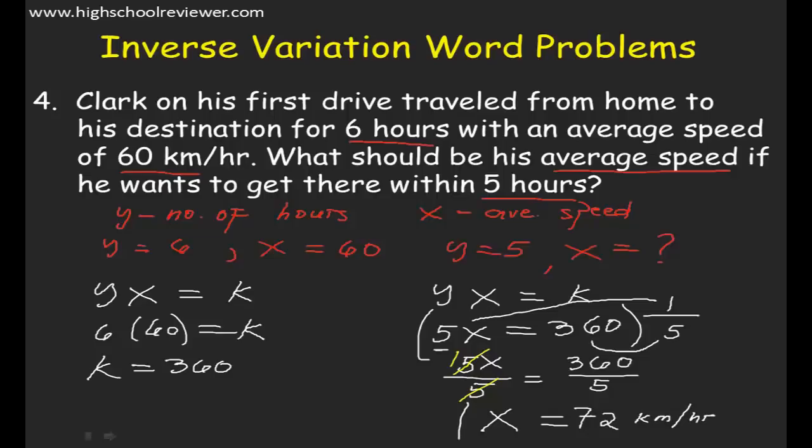So Clark must travel at an average speed of 72 kilometers per hour to reach his destination within 5 hours. Okay, so let's change this so that it will be clear. Let's make that as 7. So 72 kilometers per hour.